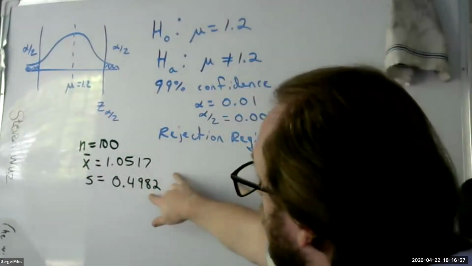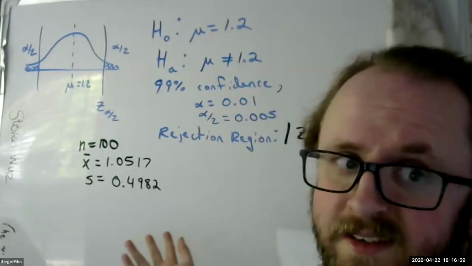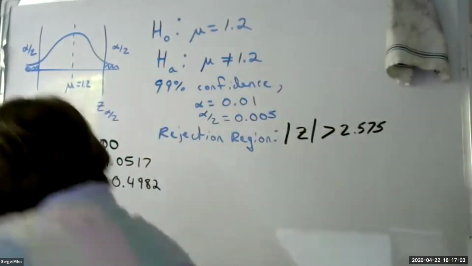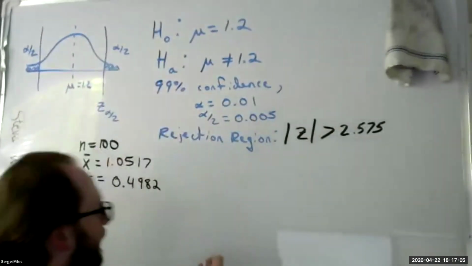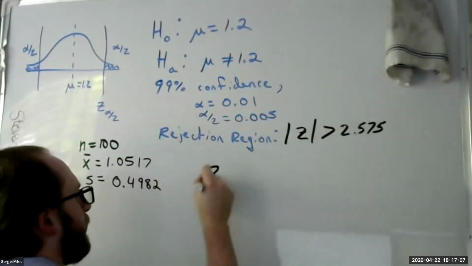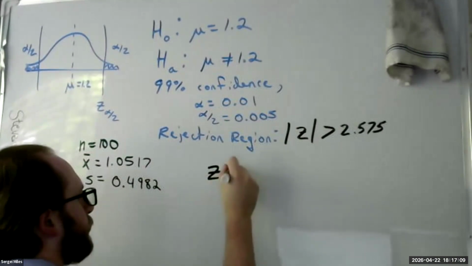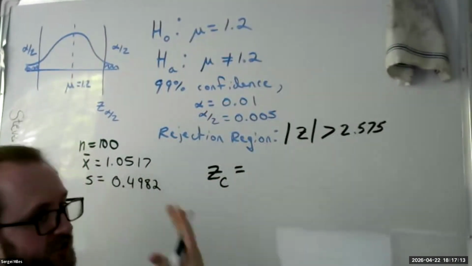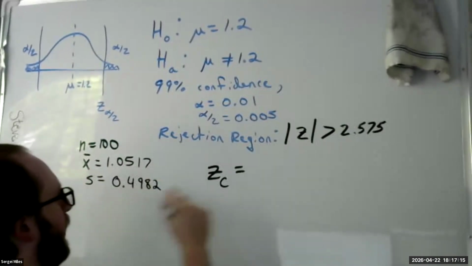How will we know if it's a fluke or not? Well, we can look at the z-score to see how far away is it. Is it far enough to land in these rejection regions? Okay? So we calculate z, the test statistic. Now here in section 8.4, they're using this notation z subscript c. This is just the test statistic from the sample data.